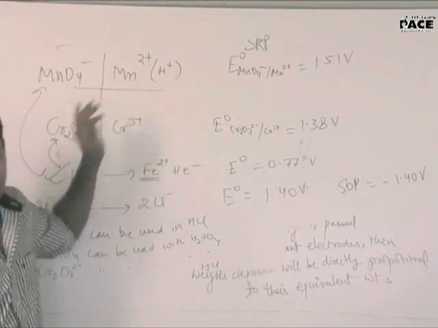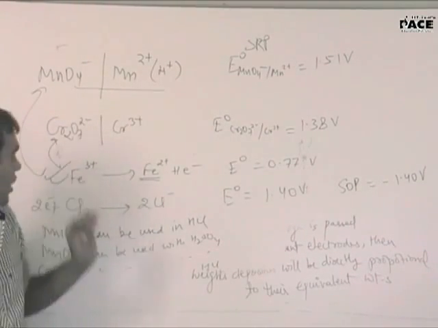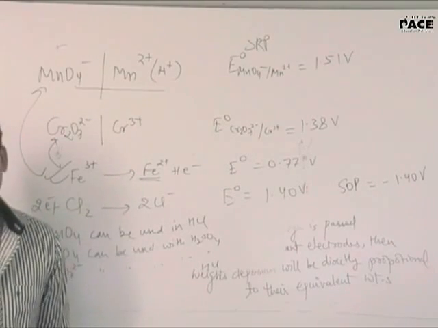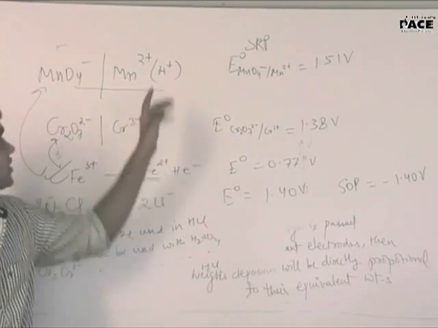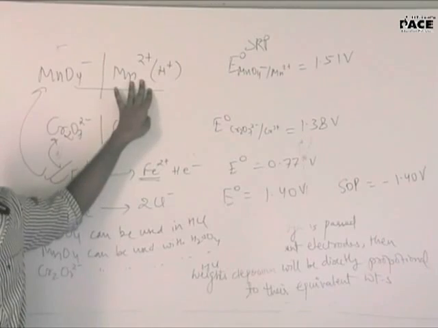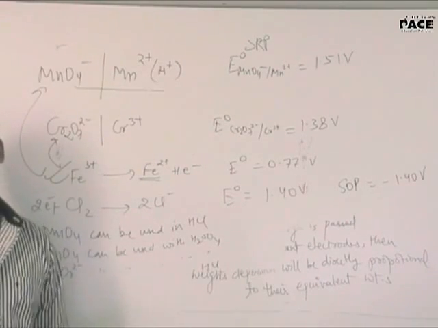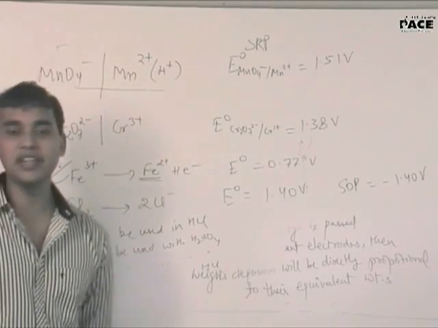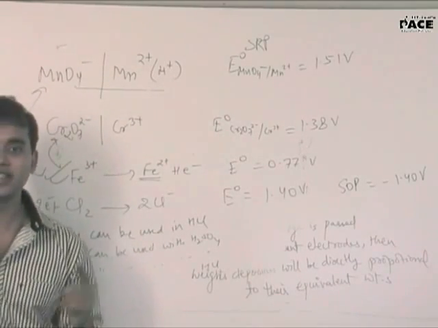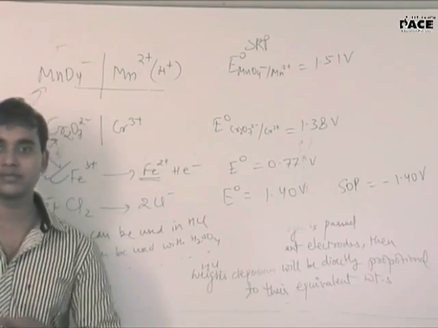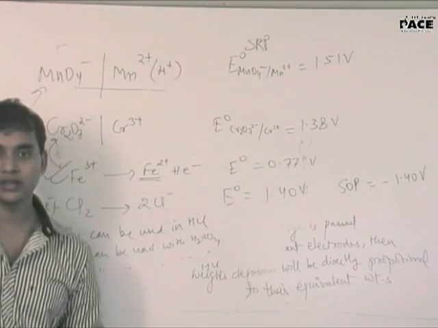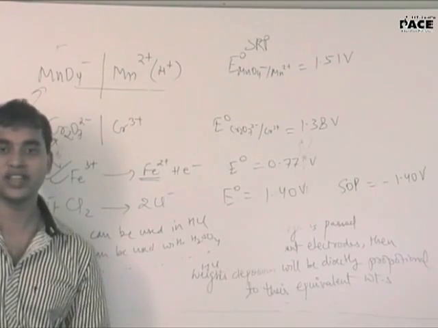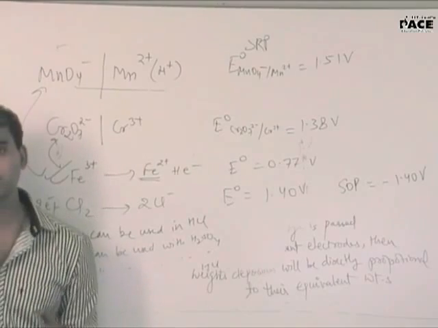So if I am using this as cathode, I have to compare when I am using it with HCl. In this case, I want a reduction of these things to take place. So I do not have to compare SOP then, I have to compare SRP. So if I am taking HCl as the medium, what will be the reduction reaction? HCl gives hydrogen. Fine? And what will be the oxidation reaction? Cl minus gives Cl2.